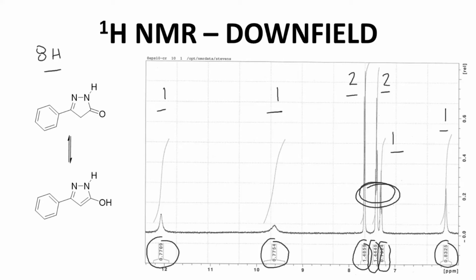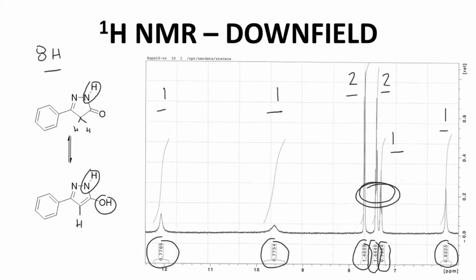For the keto form on the top, we would expect just 2 signals. The NH would be a signal. The CH2 should be a signal, a 2 hydrogen signal. The enol form should give 3 signals, 1 for the NH, 1 for the OH, and another for the CH.